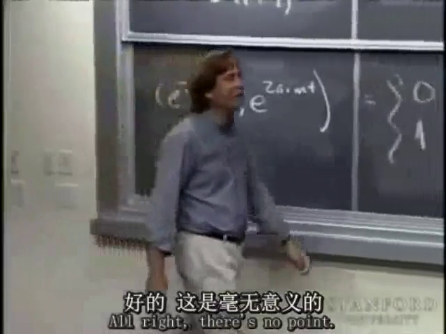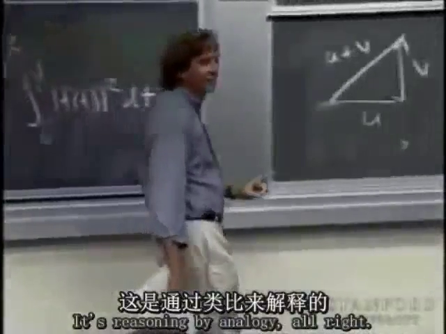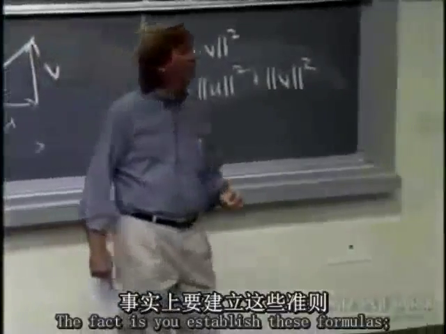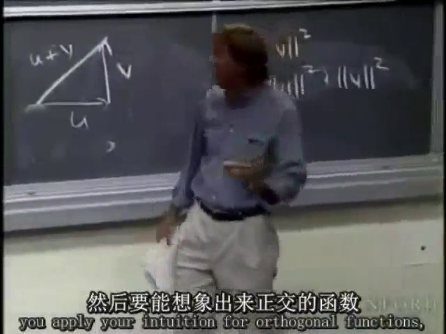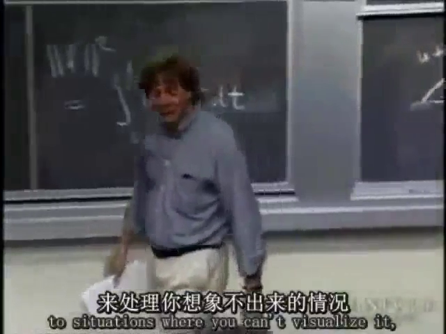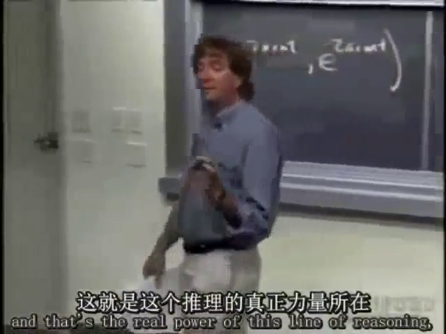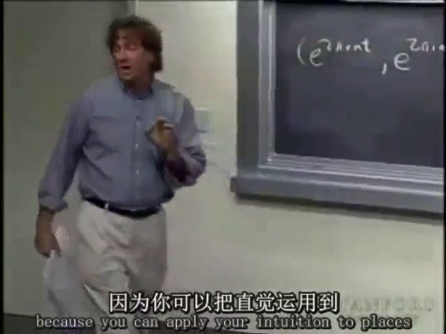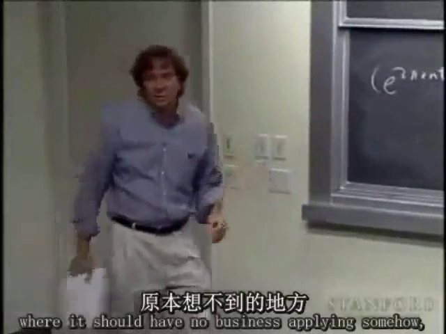There's no point. It's reasoning by analogy. The fact is you establish these formulas, you establish they're orthogonal, and then you apply your intuition for orthogonal vectors, where you can visualize it, to situations where you can't visualize it. And that's the real power of this line of reasoning, because you can apply your intuition to places where it should have no business applying somehow.